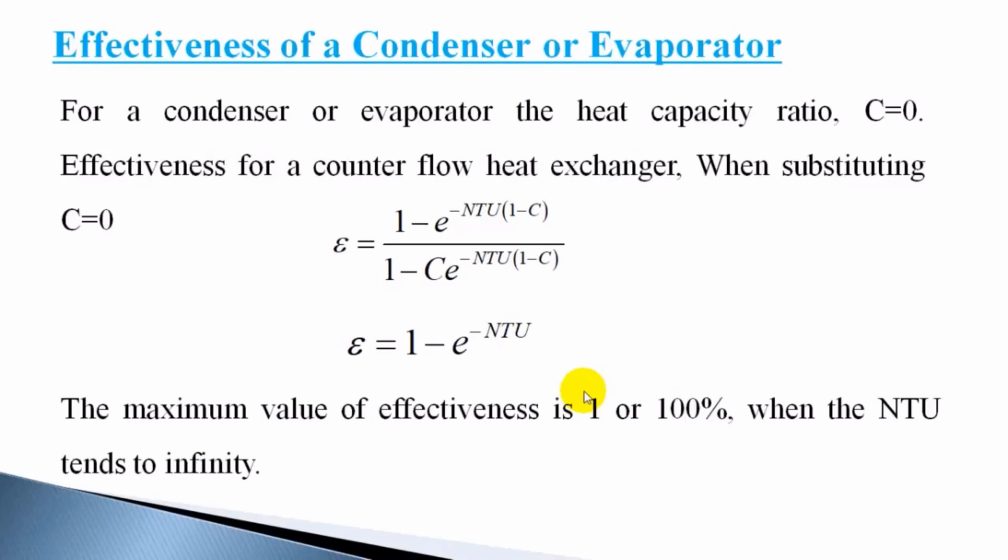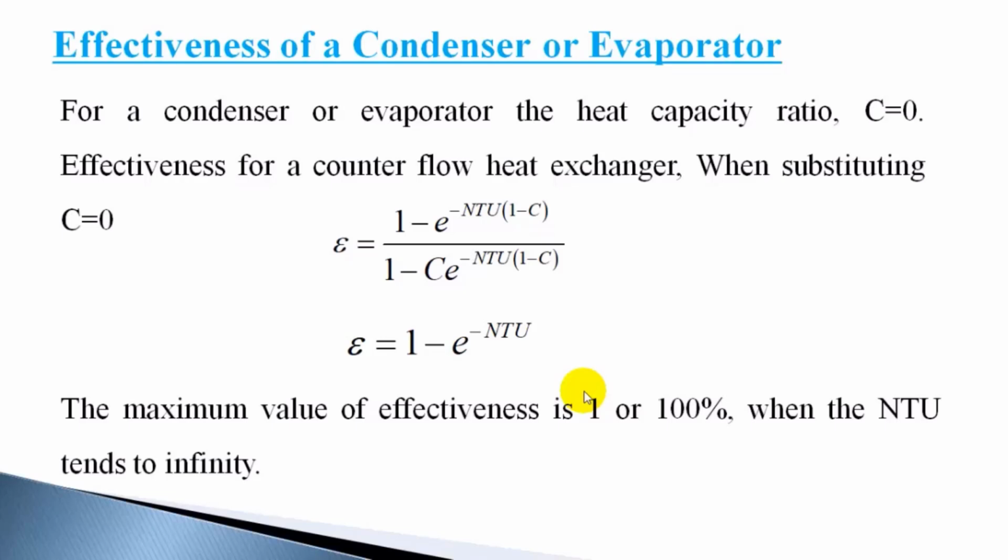Now let us see the effectiveness of a condenser or evaporator when they work as a counterflow heat exchanger. As all of you know, in a condenser or evaporator, one of the fluids is undergoing phase change. When a fluid undergoes phase change, its heat capacity is infinity. So the fluid undergoing phase change will have an infinite heat capacity, and in that case the ratio of C minimum to C max is going to be 0.